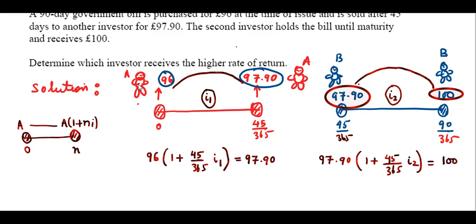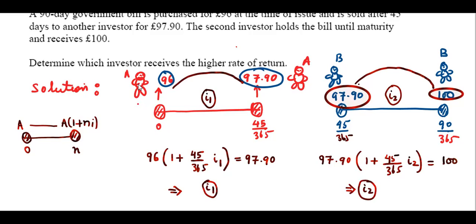You solve this equation, find I1, solve this equation, find I2. I'm not doing it now. You check it. Okay. If I1 is greater than I2, then you say the first investor got more return. If I2 is greater than I1, then you say the second investor got more return. It depends on your answer.